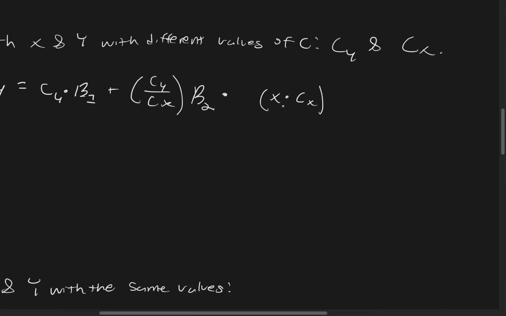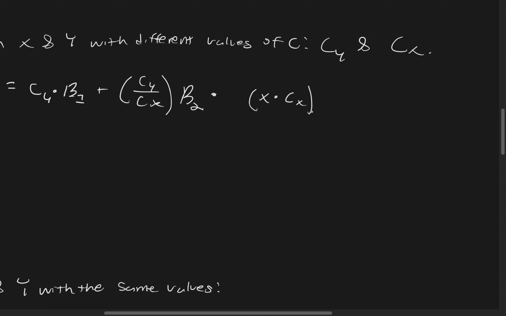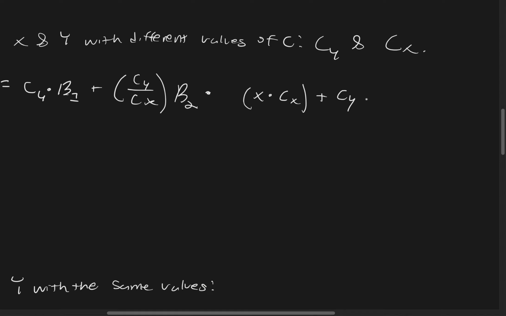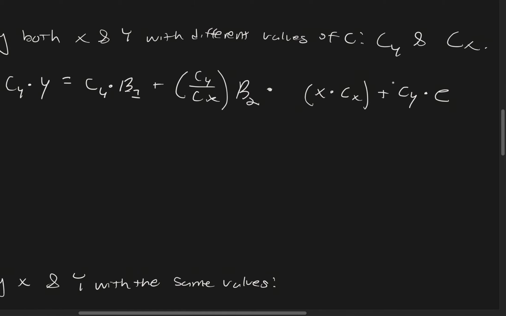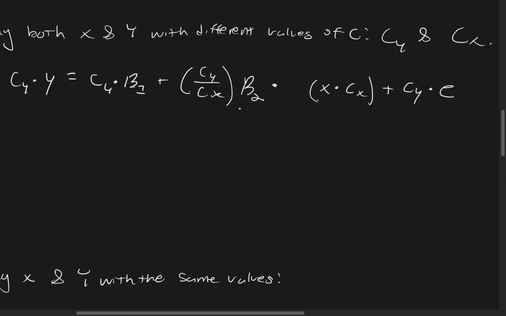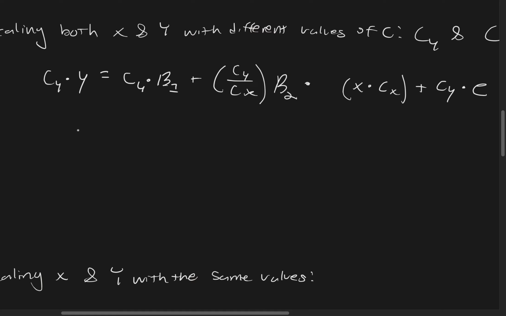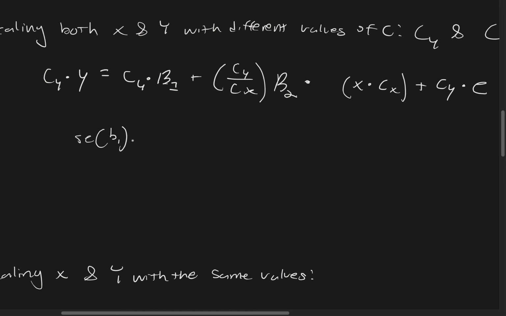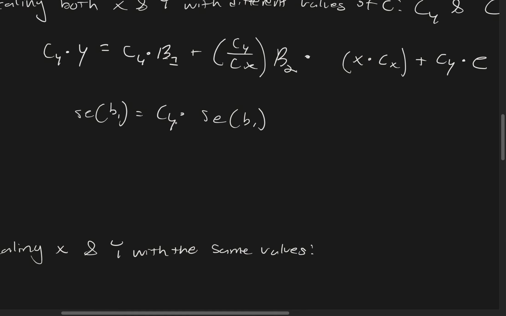So we're multiplying the x by the constant, and we're also dividing the beta 2 by the same constant. And then we can't forget the error as well, because the error influences the y, whereas rescaling the x variable doesn't necessarily impact the y. So when we do that, the standard error of beta 1 will transform into a new standard error where it's multiplied by the constant of y.